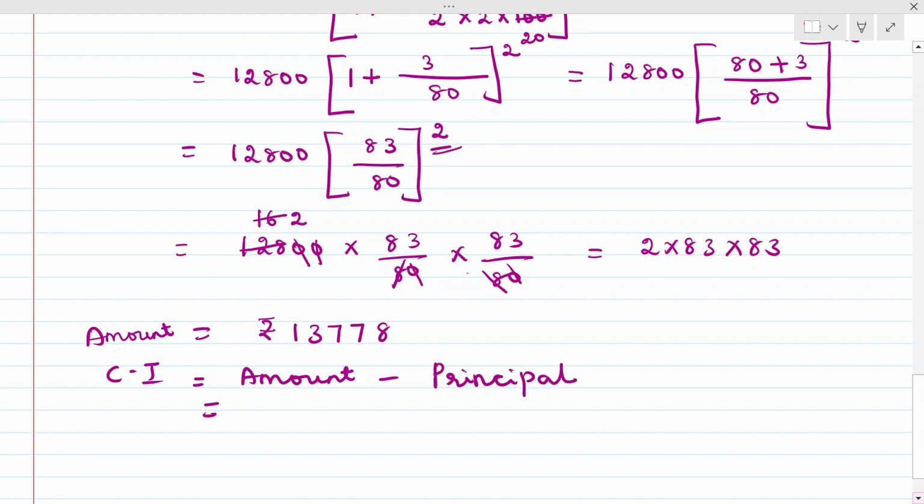So amount is 13,778 and principal is 12,800. So the compound interest is 978. 13,778 minus 12,800 is 978 and it is the required compound interest for this problem.